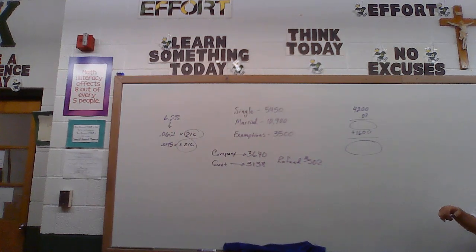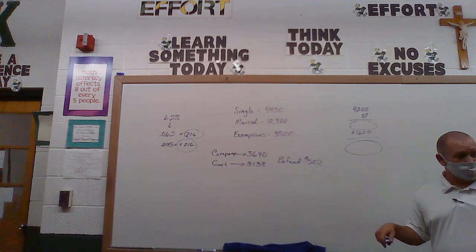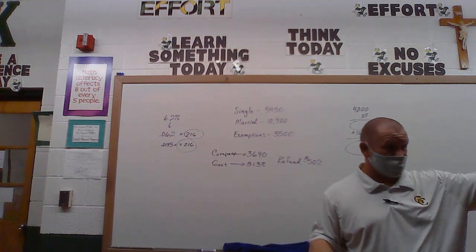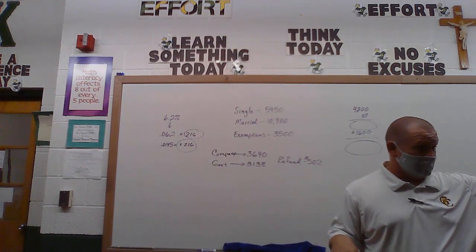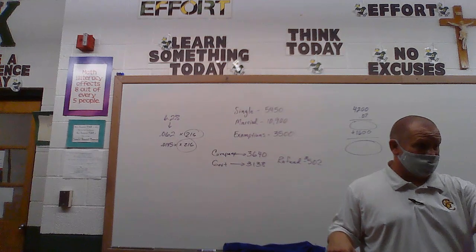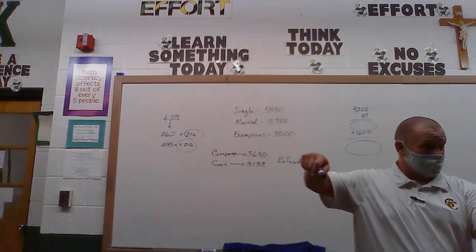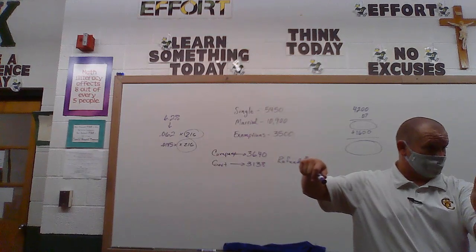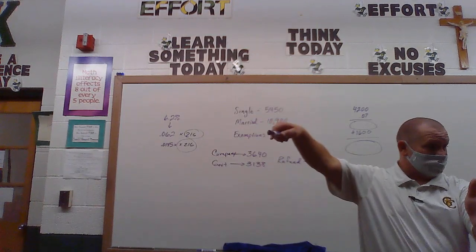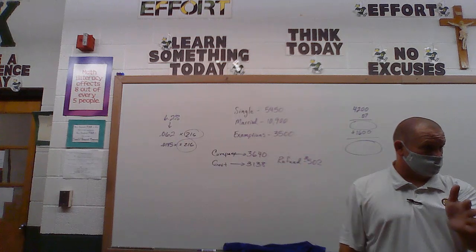So if you make $120,000, you would have to figure out what you make per month. So you'd take 120 divided by 12, and then start adding that amount to itself over and over again until you got to 102,000. Anything after that does not get taxed by Social Security.